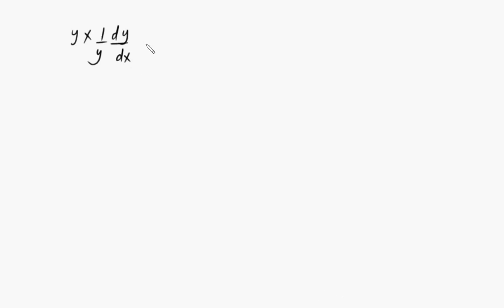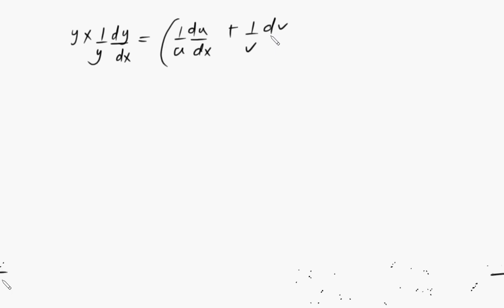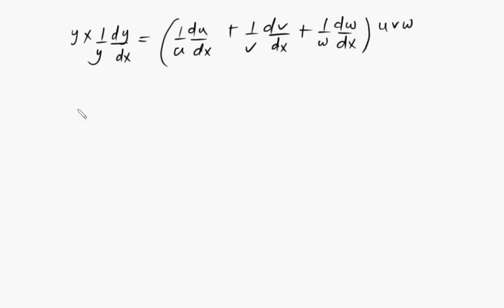Let me repeat that because I have started a new page. So here I have 1 over u du dx plus 1 over v dv dx plus 1 over w dw dx times, this one is uvw. So what do I get here? The y and y go.